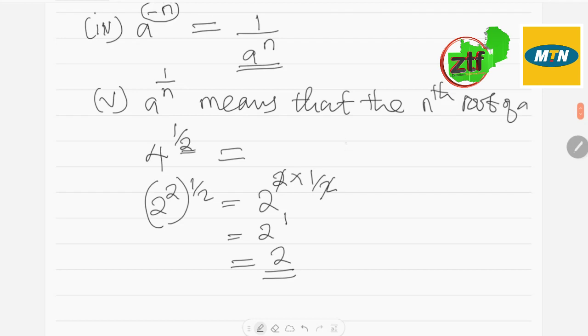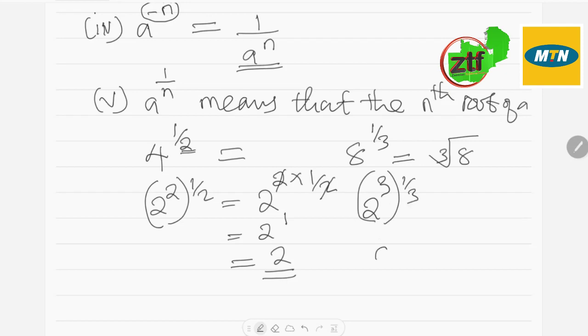So if we had, for example, 8 to the power 1 over 3, this still means the nth root of 8. Here we're saying the cube root of 8. We can write it as the cube root of 8, or you can say 8 is the same as 2 to the power 3, and then you have 1 over 3, which means 2 to the power 3 times 1 over 3, and this 3 and this 3 will eliminate.